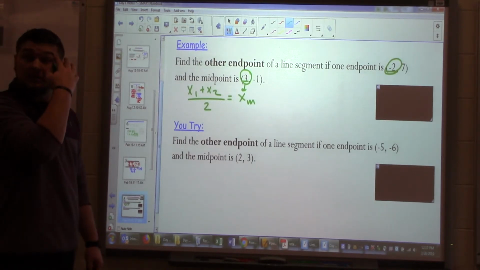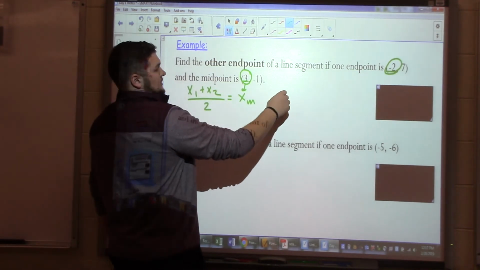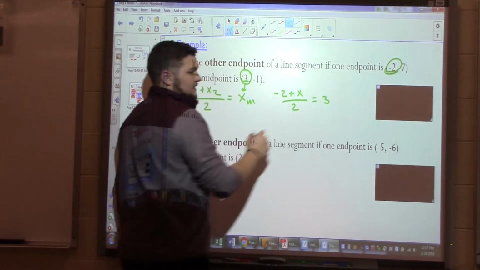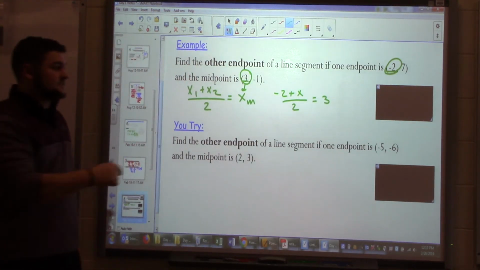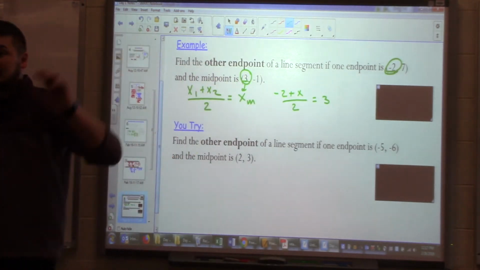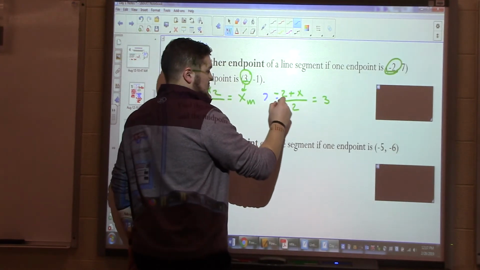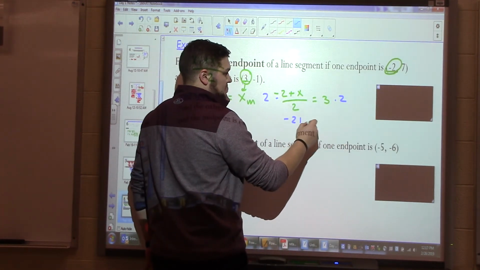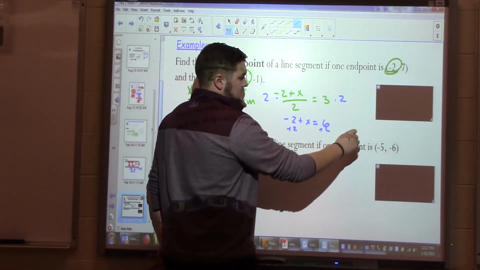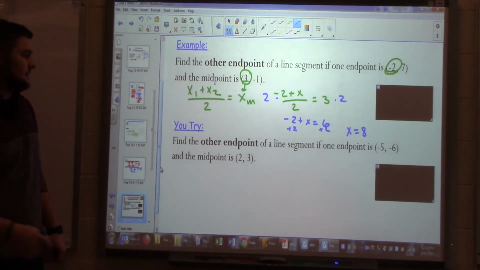It's going to be -2 plus x over 2 equals 3, because this is for my midpoint. I'm trying to find one of my endpoints. So to solve it, just times 2. -2 plus x equals 6. Add 2. x equals 8. So that's the x value of my second endpoint.